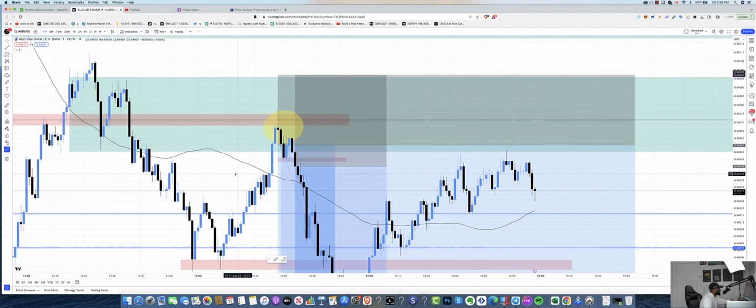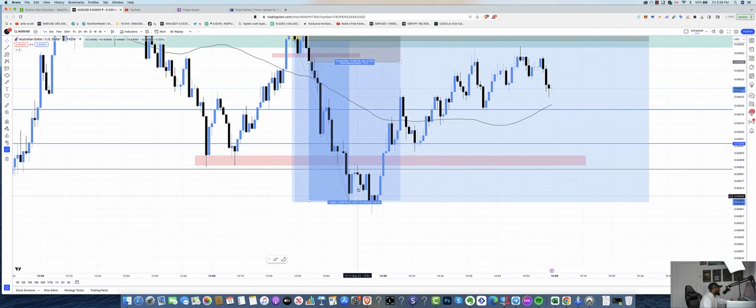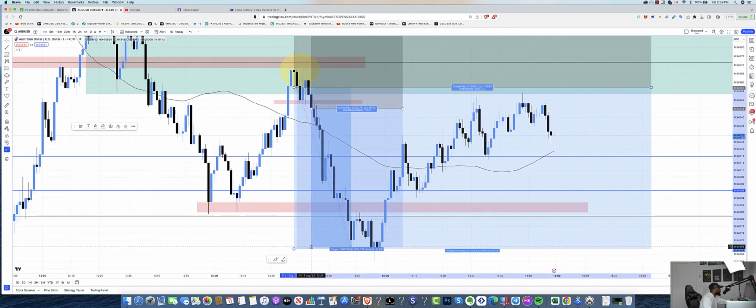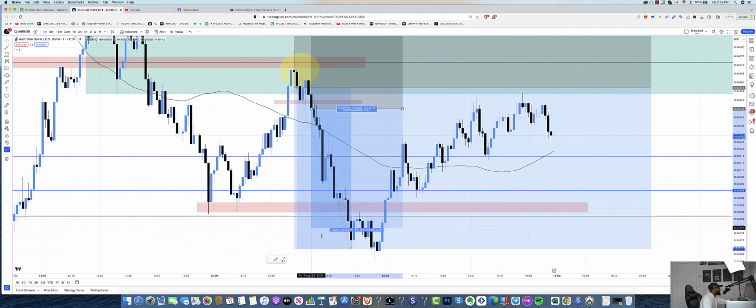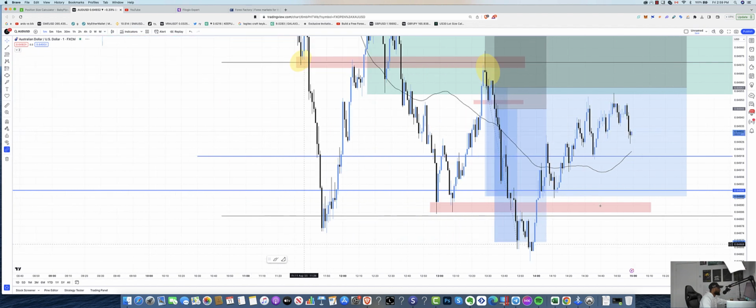I entered a second order right here when the price action broke below this support area. When the price action broke below here, I entered the second order and we rolled the trade all the way down to here. We closed our first order right here and then put our stops to break even.